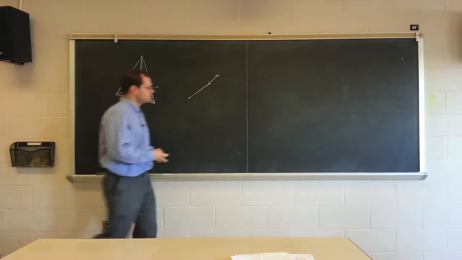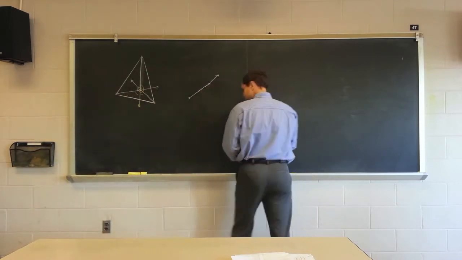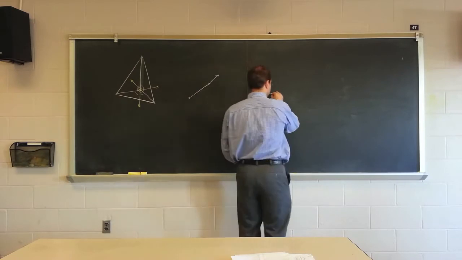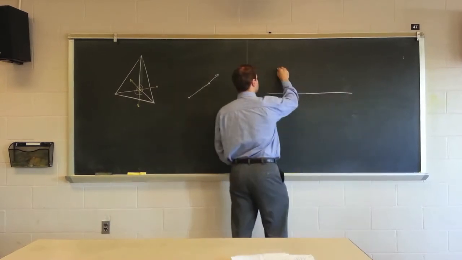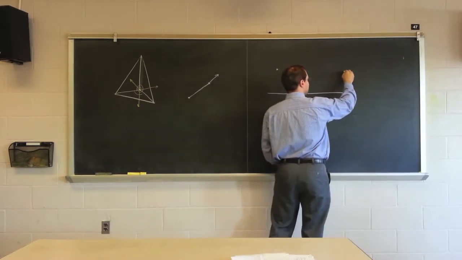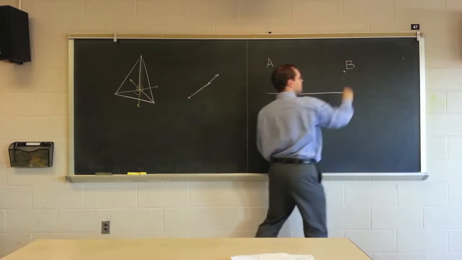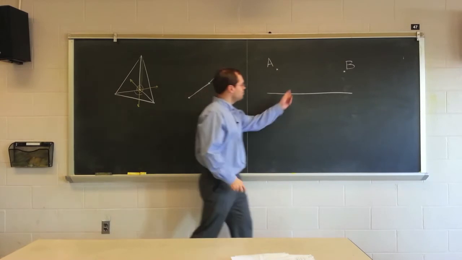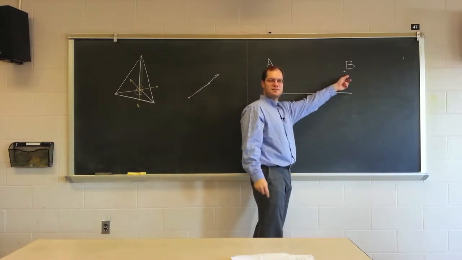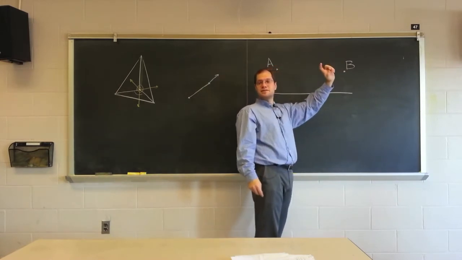Now let's talk about Heron's problem. Heron's problem is having a straight river and two villages, A and B. And once again, finding a point where the sum of distances is the smallest, but there is a constraint.